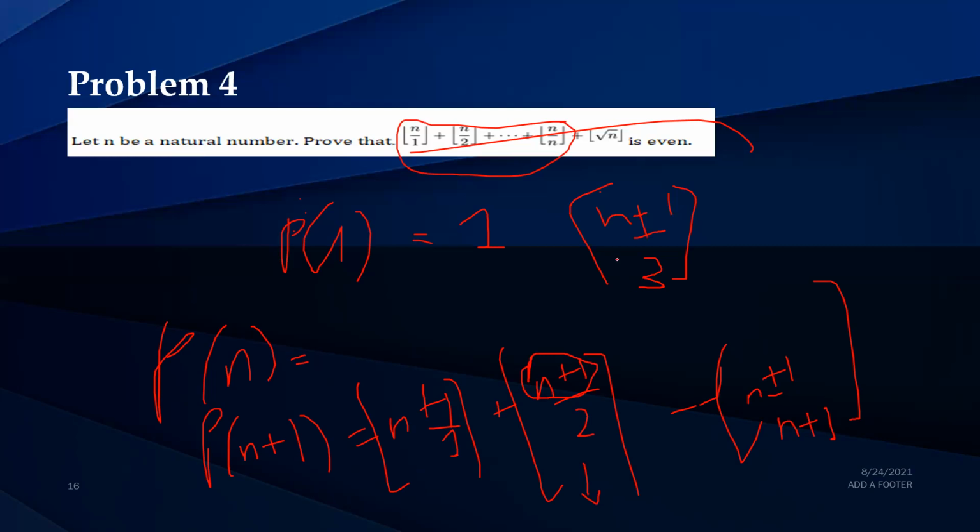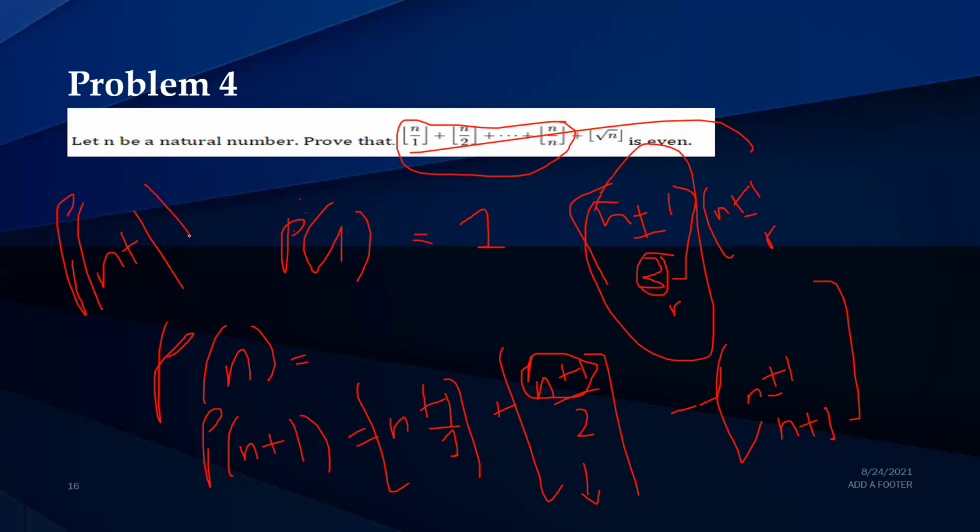So you'll notice that whenever r is a divisor of n plus 1, the floor of (n plus 1) by r minus the floor of n by r is becoming 1. And so P of n plus 1 minus P of n is equal to the number of divisors of n plus 1.